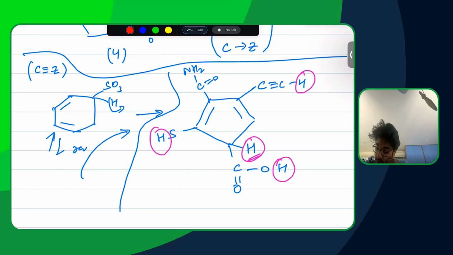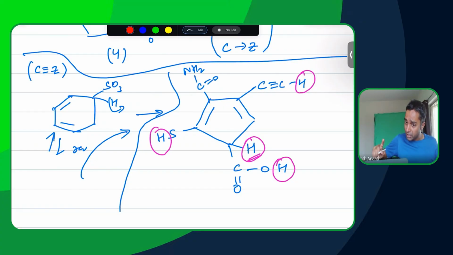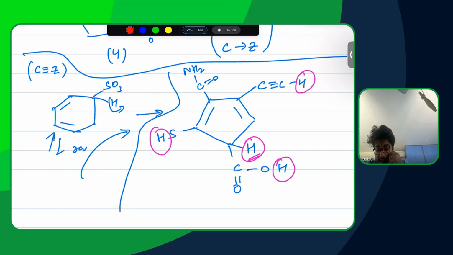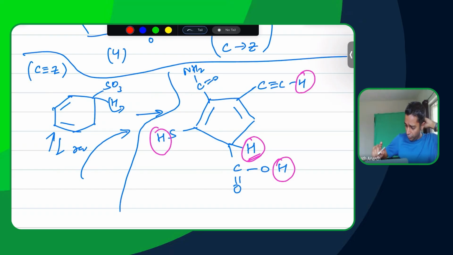Yes, sir. But at the same time, that is not going to release your methane. Methane releases only for acidic hydrogens. If you had argued that there's a tiny chance that this nitrogen has at least one acidic hydrogen, and then got your answer as 5, I would have still been happier.